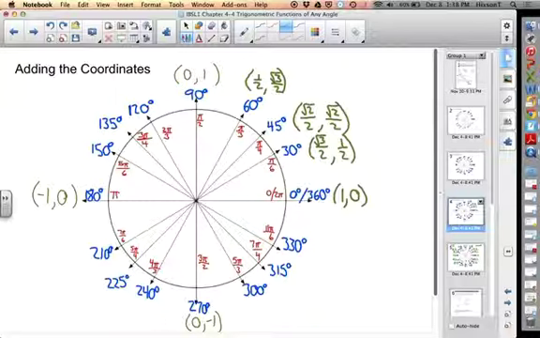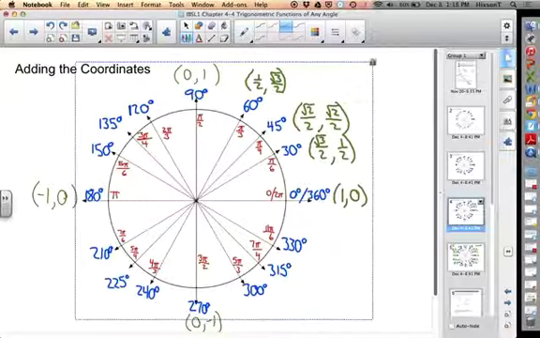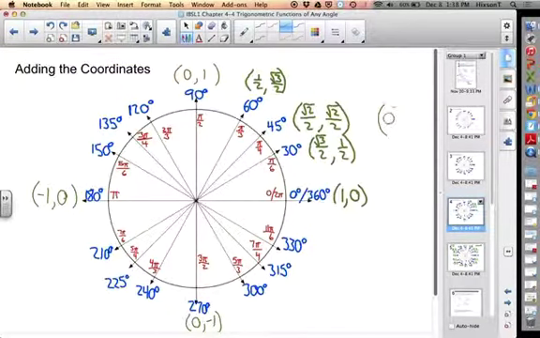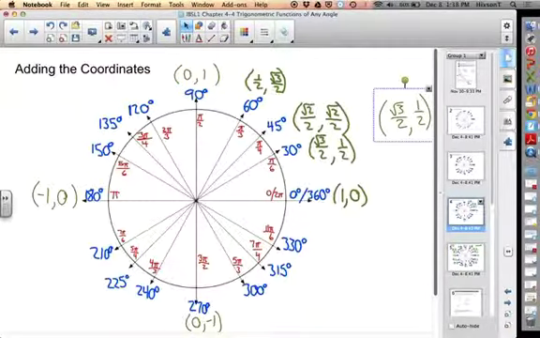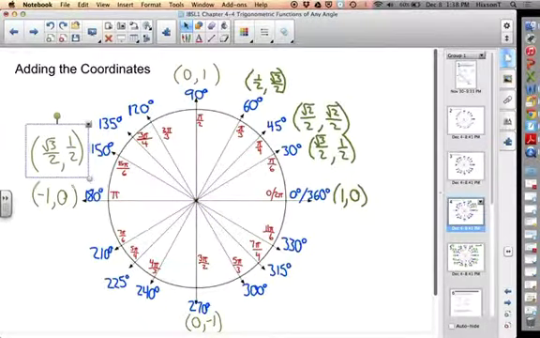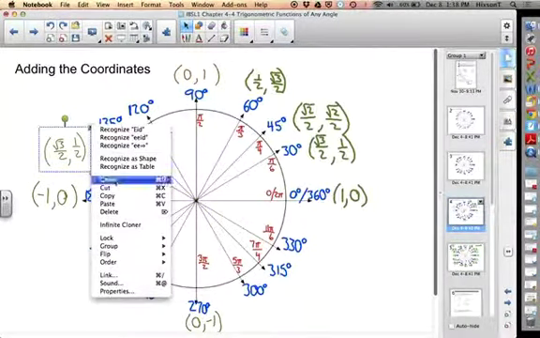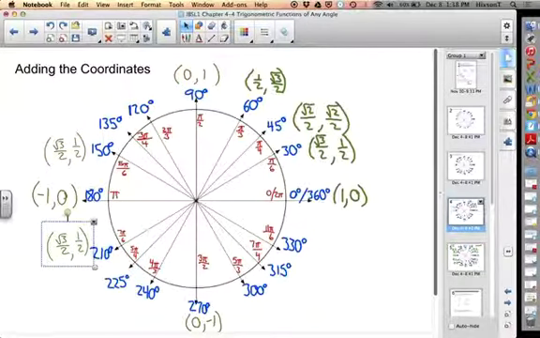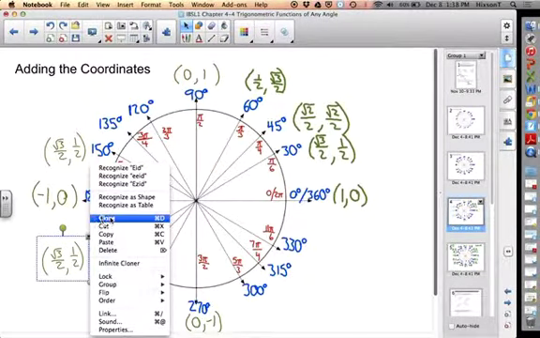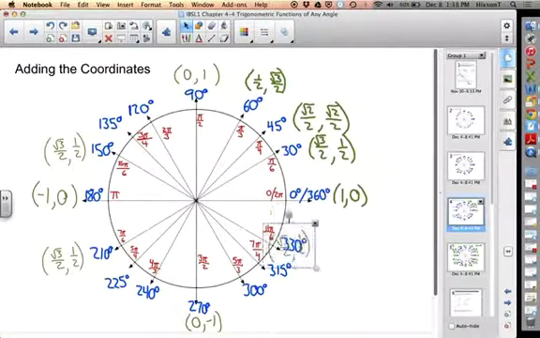So, when I have this point right here, the radical 3 over 2 and the 1/2, I know those coordinates are going to occur here and here and here.